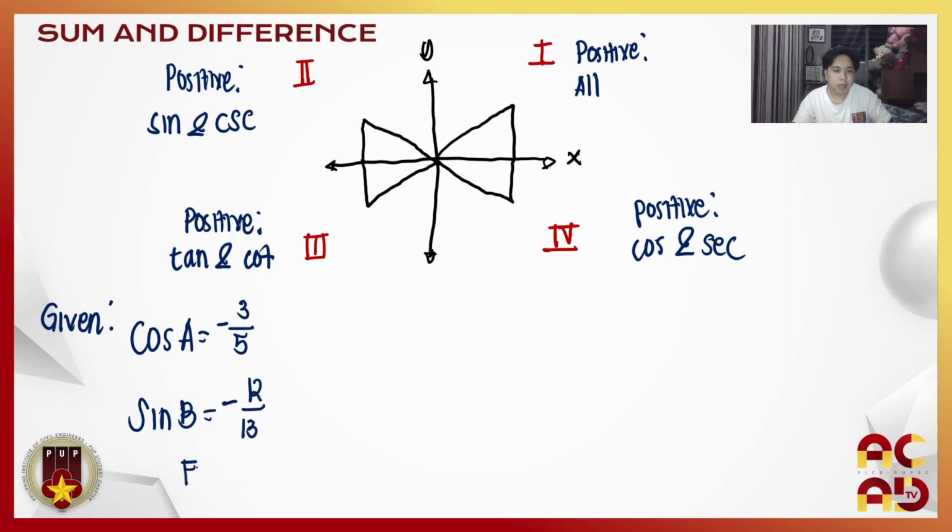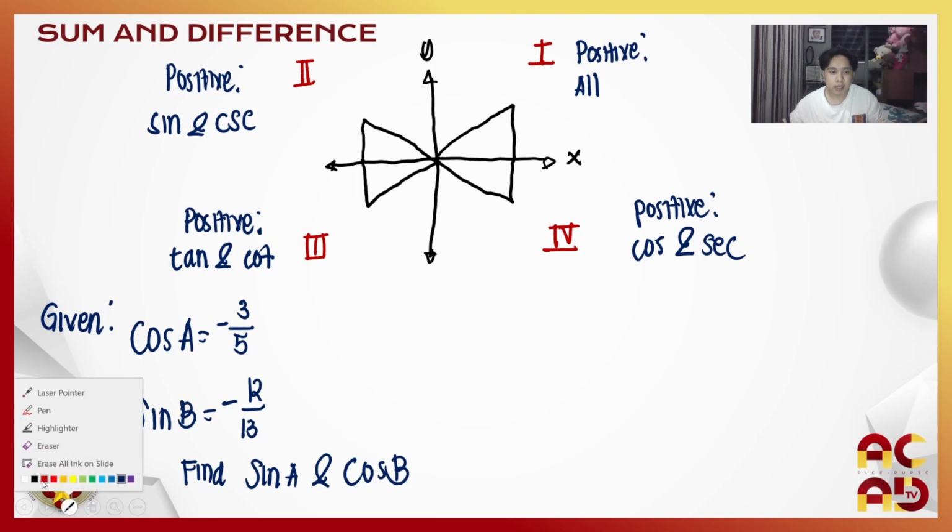Then may nahanap tayo na value which is yung sine A natin and then yung cosine B. So, before that, i-plug in muna natin sa mga right triangle natin yung nakuha nating dito sa given natin na cosine A then sine B.